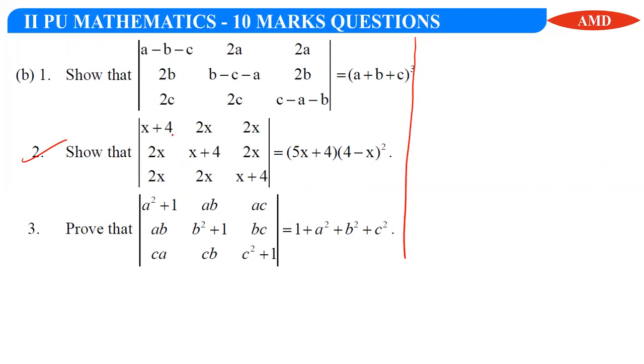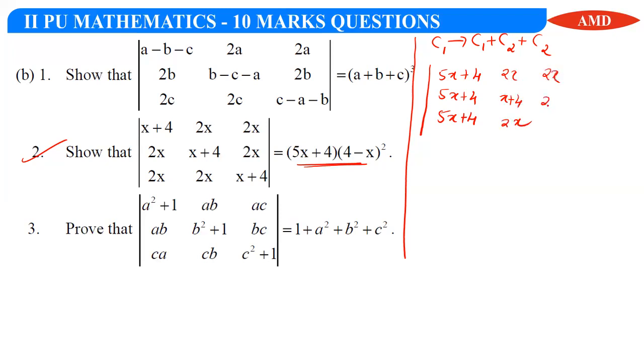So basically what I want to do here is to prove that the given determinant is equal to 5x plus 4 into 4 minus x whole square. So if I apply this operation, C1 is equal to C1 plus C2 plus C3, what do I get? I get the first column becomes 5x plus 4, 5x plus 4, 5x plus 4. The second column will remain as it is.